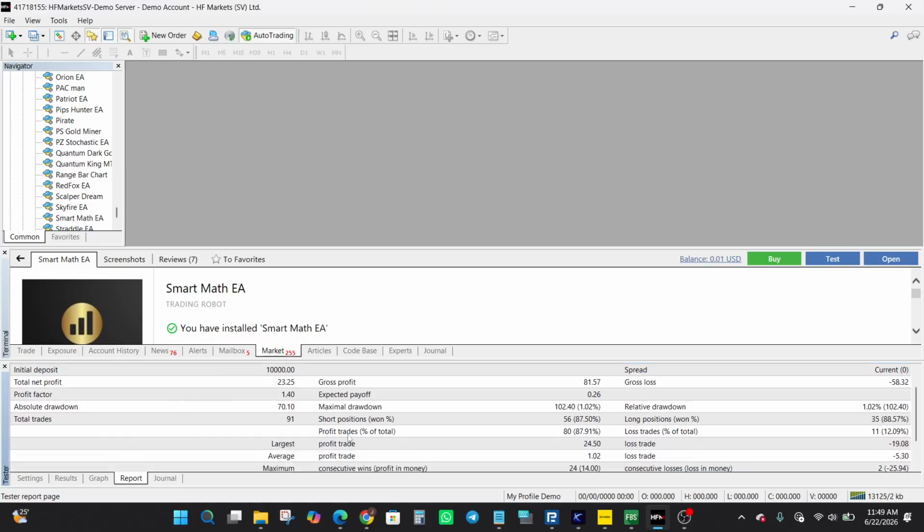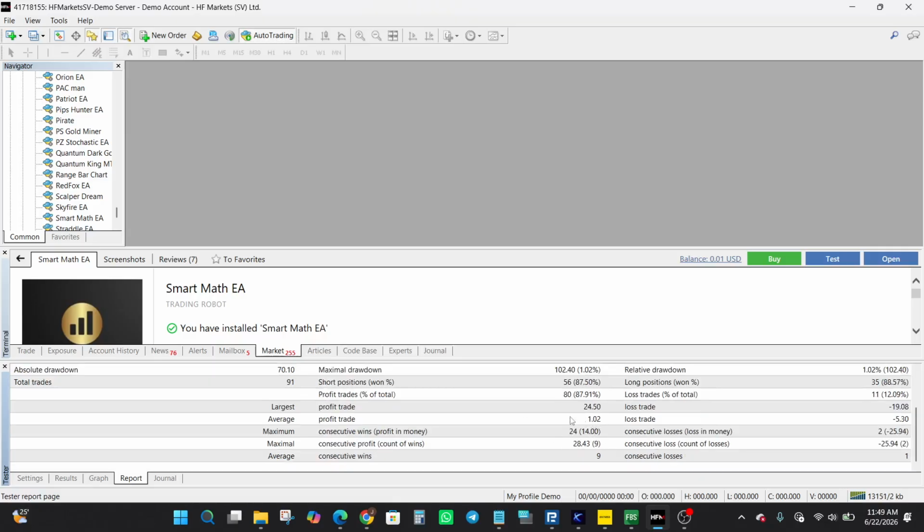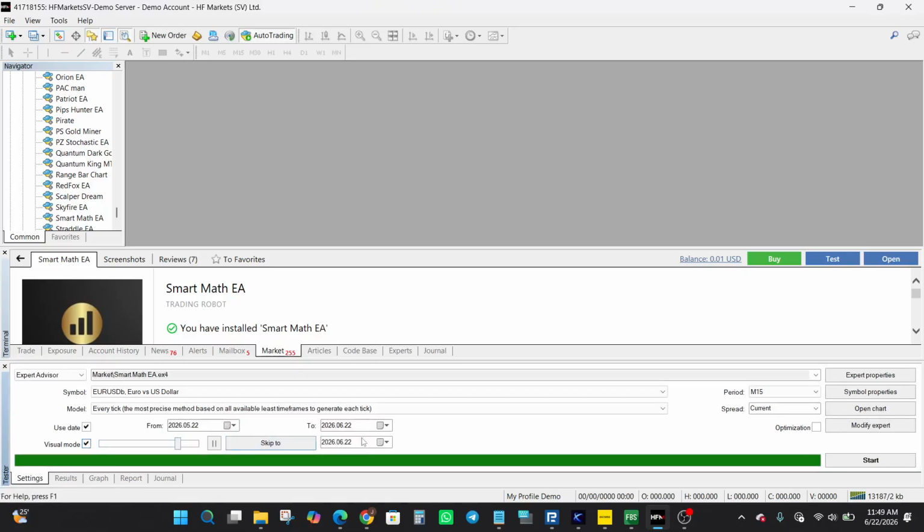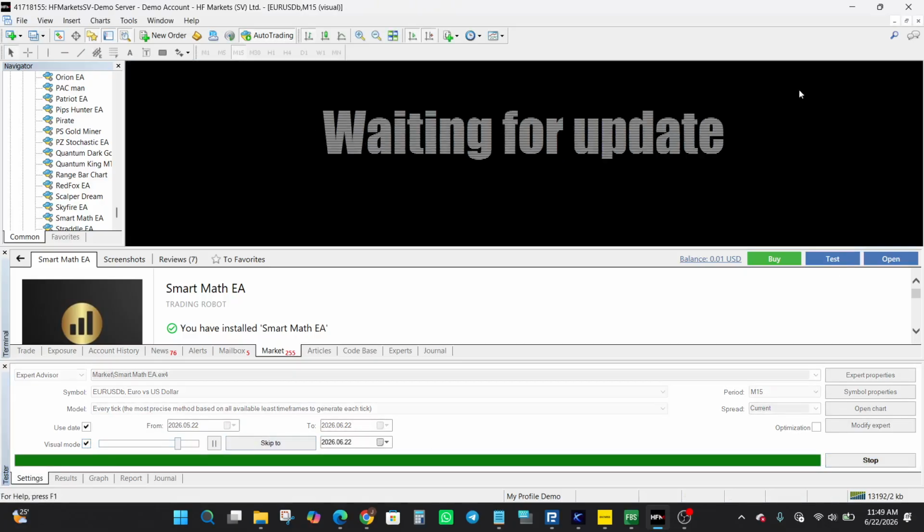Total trades taken were 91, out of which 80 were profitable, giving us an 87.91% win rate. Largest profit was 24.5, largest loss was 19.08, average profit $1.02, average loss $5.30. That tells me that the average risk to reward ratio is very bad. All right, but let's turn on the visual so we can also see the EA in action.